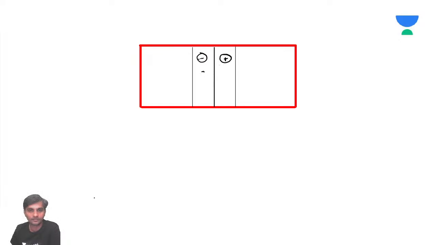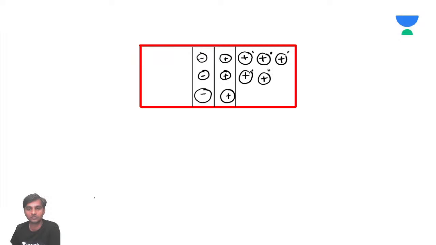Minus, plus, minus, plus, minus, plus; electron, electron, electron, electron, electron, electron.